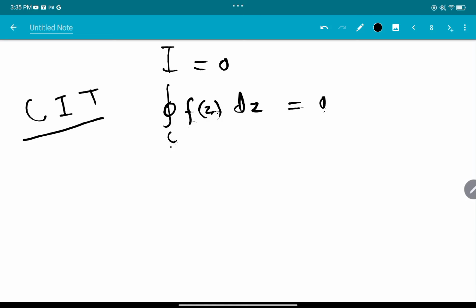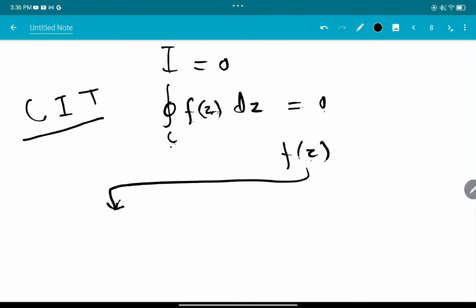Now if we have functions which are singular, those are of two types. Number one, functions which are singular at just one point. I once again tell you that singularity means that the function is not analytic at that point. If a function is singular at one point, then that is taken care of by Cauchy's integral formula, provided that singularity is of a particular type called a pole.